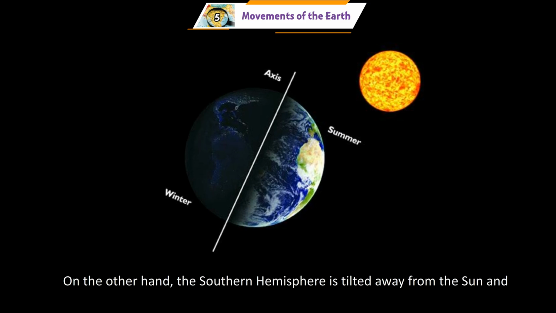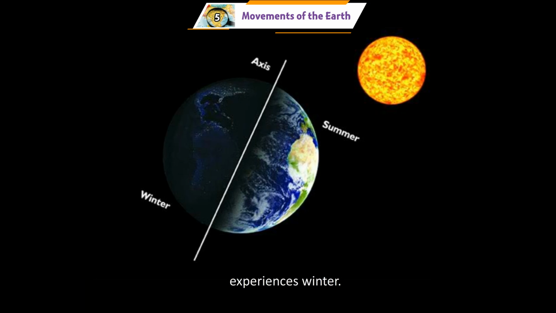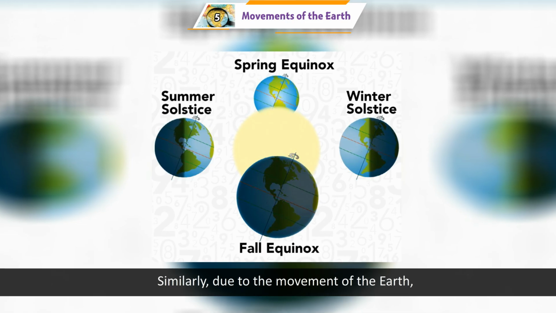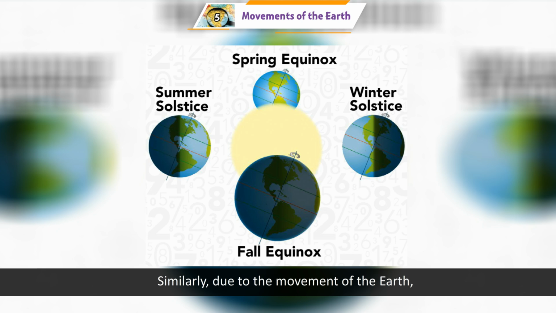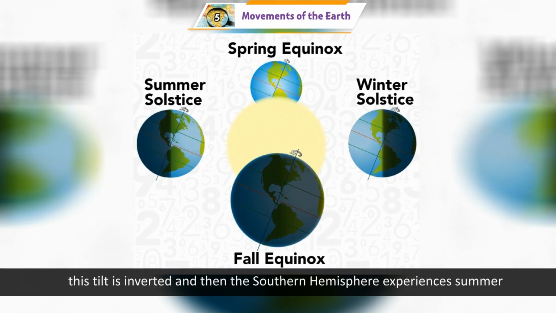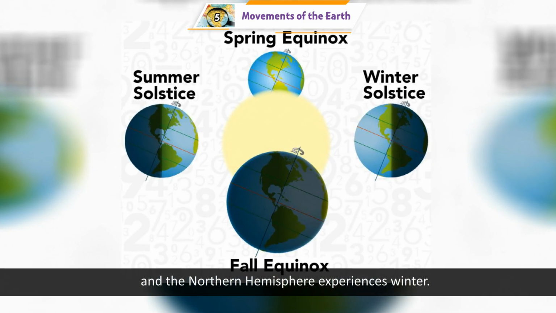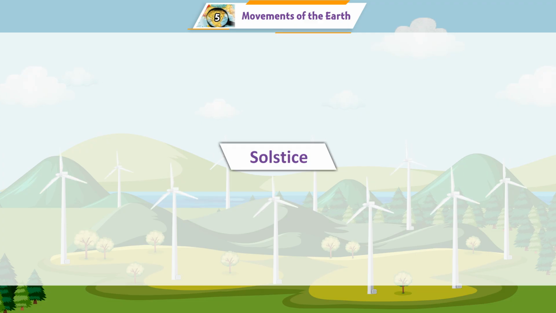On the other hand, the southern hemisphere is tilted away from the sun and experiences winter. Similarly, due to the movement of the earth, this tilt is inverted, and then the southern hemisphere experiences summer and the northern hemisphere experiences winter.